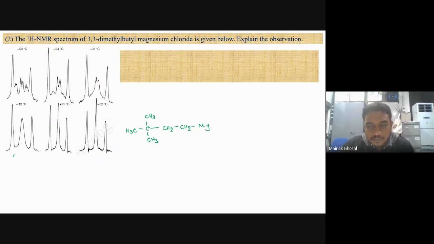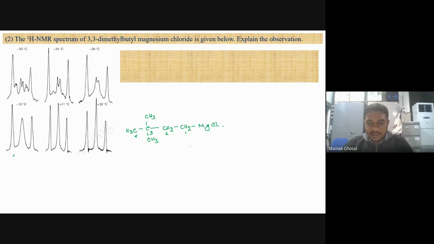See, suppose 1, 2, 3, 4. So here you see this name is 3,3-dimethyl, 4 carbons are there. So 3,3-dimethyl butyl magnesium chloride.